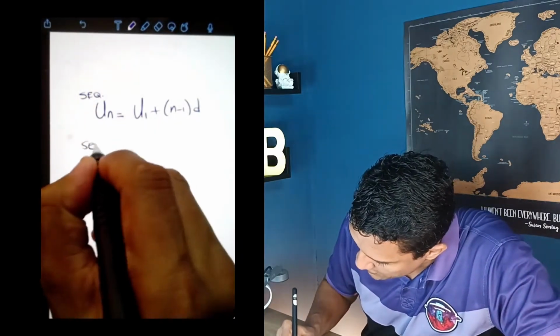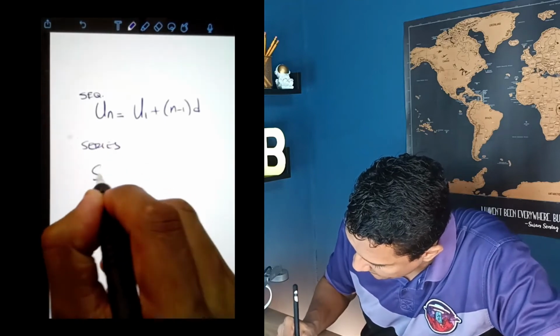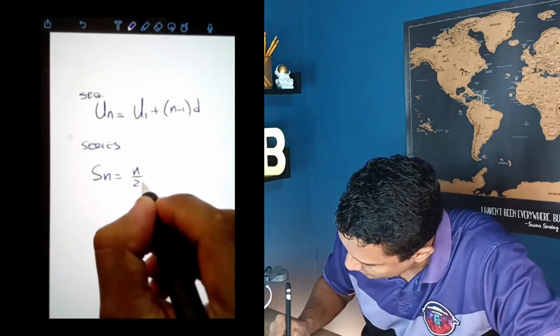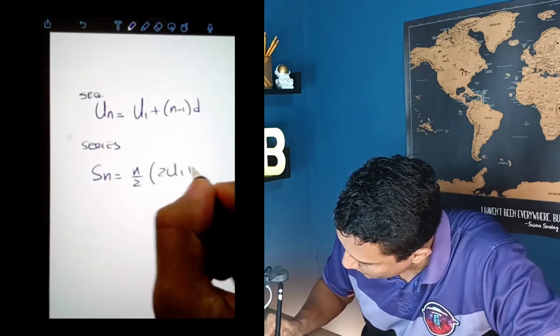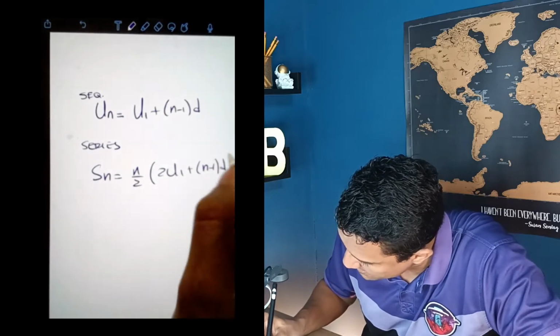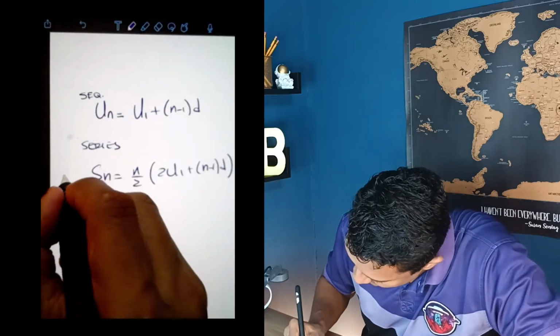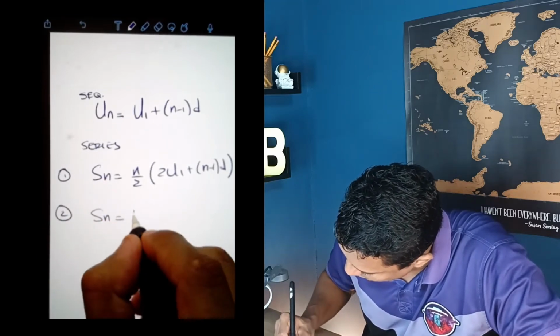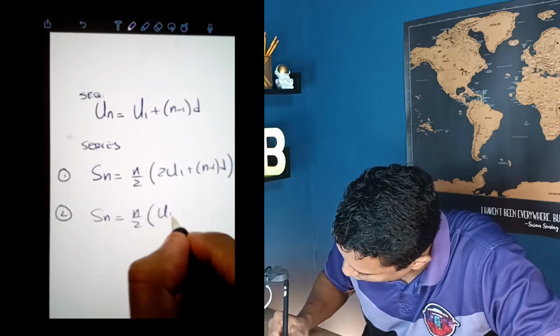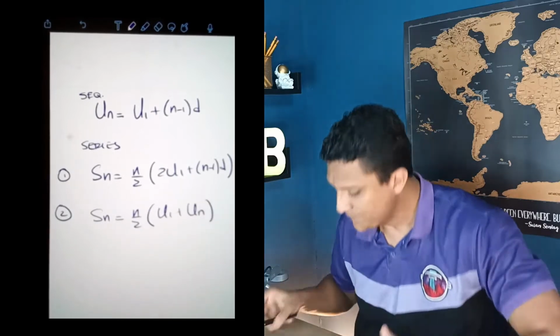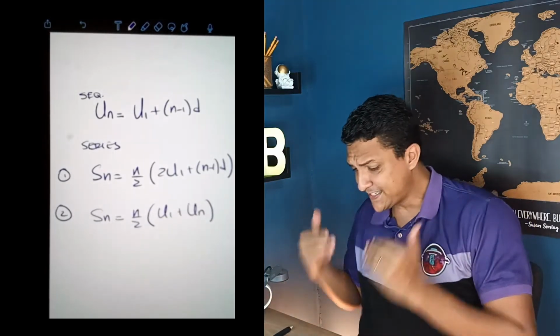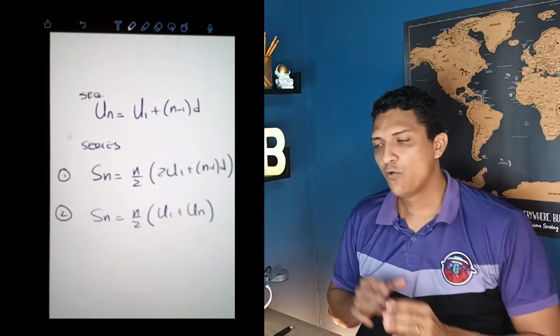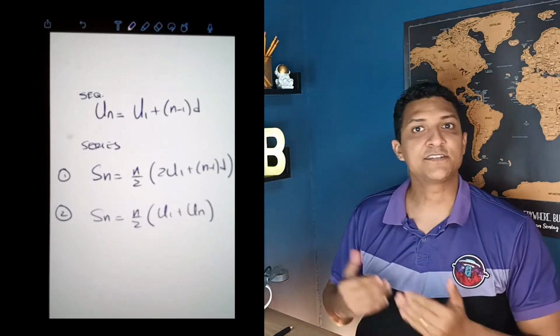Remember that for series, we have two options. We have this one, which is Sn equals n over 2 times 2u1 plus n minus 1 times d. And we have the other option, which is Sn equals n over 2 times u1 plus un. What you need to remember is that the second one we're going to use when we have the last term.